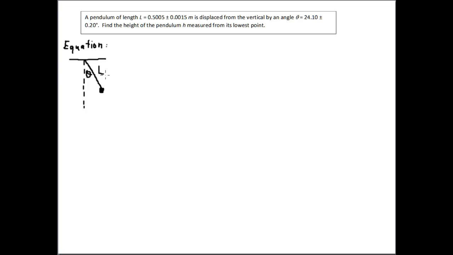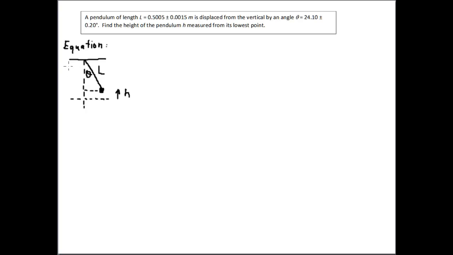Of course, the pendulum has length L, and so if it swings down, the pendulum bob makes a circular path, so its lowest point would be down here. And we want to find the height h measured from that lowest point. So all we really have to do is use a little bit of geometry here in order to figure out how we can express that height in terms of L and theta, which are the measured quantities.